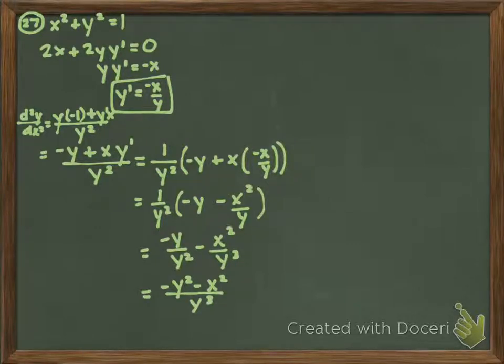Are you with me? All right. Well, I'm going to go one more step just because it bothers me when there's something I can factor out. And this habit will also make problems like this much simpler. I want to get that negative out of there, so I'm going to say, well, that's just the negative of x squared plus y squared over y cubed. What is x squared plus y squared? 1. So this equals negative 1 over y cubed.